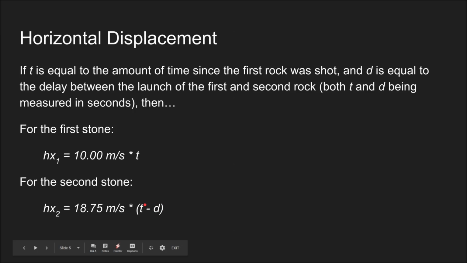So in order to calculate the displacement of the second stone, we are going to subtract how long the astronaut waited from the total time that we have been measuring.